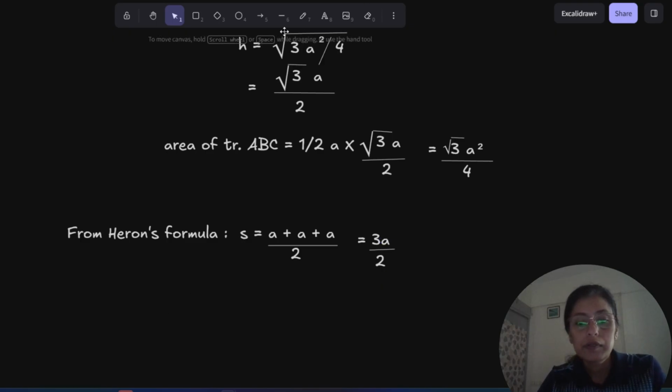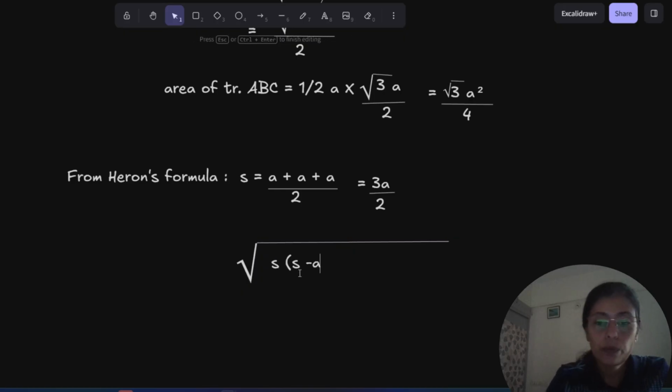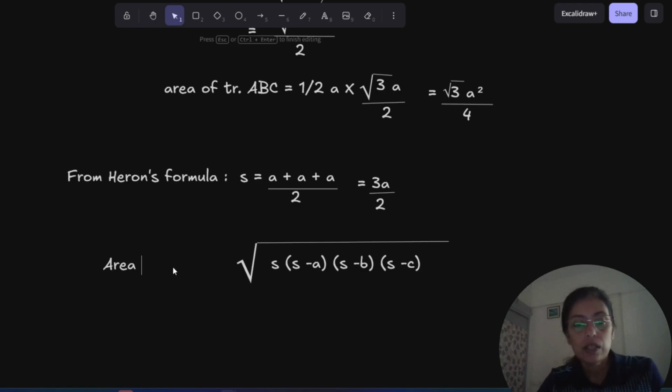Now this is the semi-perimeter, and then I will write the area. So our area will be, we learned, the root of S into S minus A into S minus B into S minus C. This is the area of a triangle.